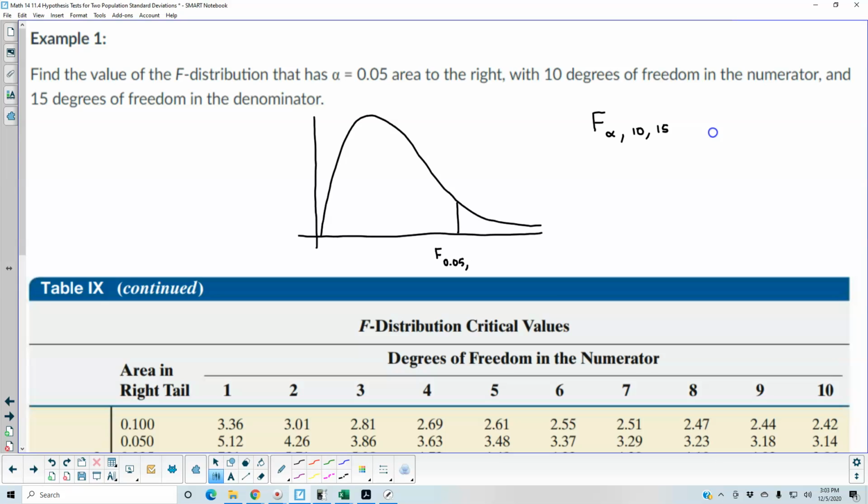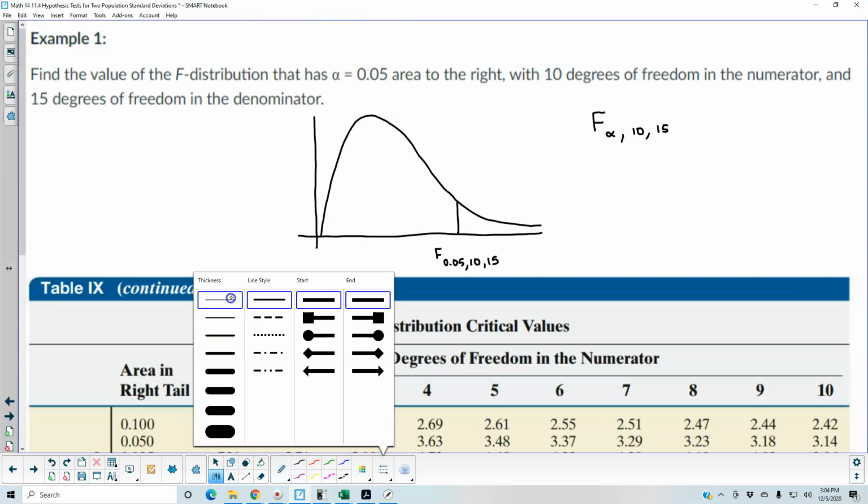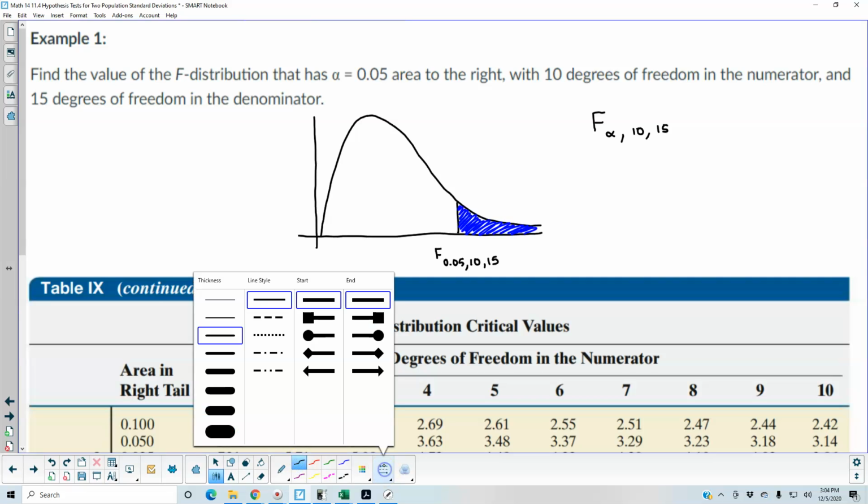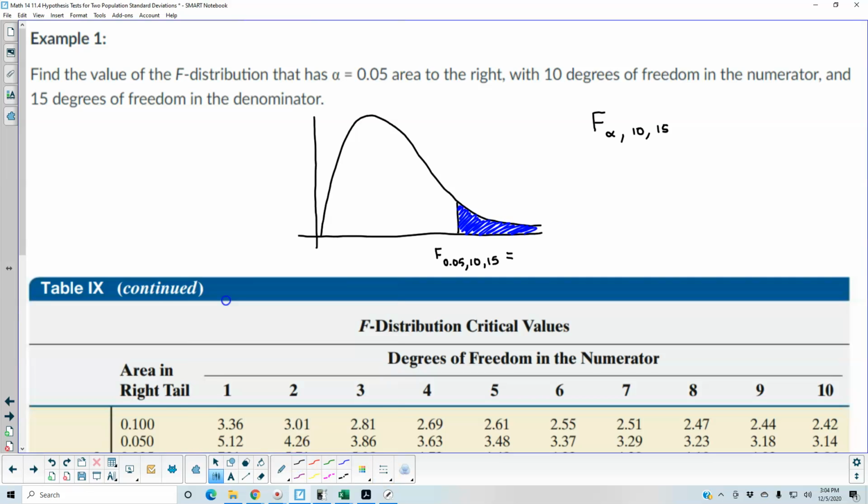Degrees of freedom in the numerator is 10. Degrees of freedom in the denominator is 15. And so then we can say that the area here is the area to the right of that. And we want to determine, okay, what is that value that we're looking for?